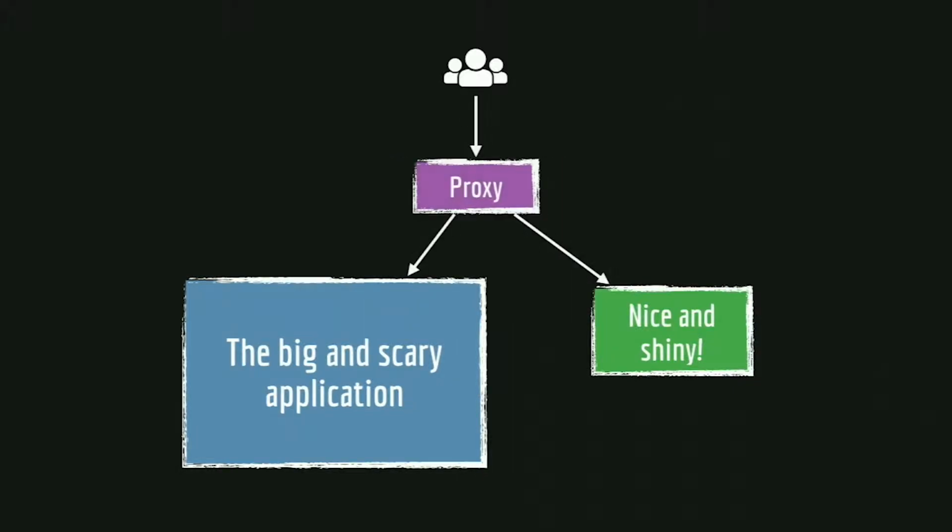Then you make your proxy send the traffic to this new application. But you don't do this in a single way. You don't just say, oh, put 100% of your traffic there. We are engineers and we test things, right? We like to measure how things are evolving or not, and if they are producing the right results.